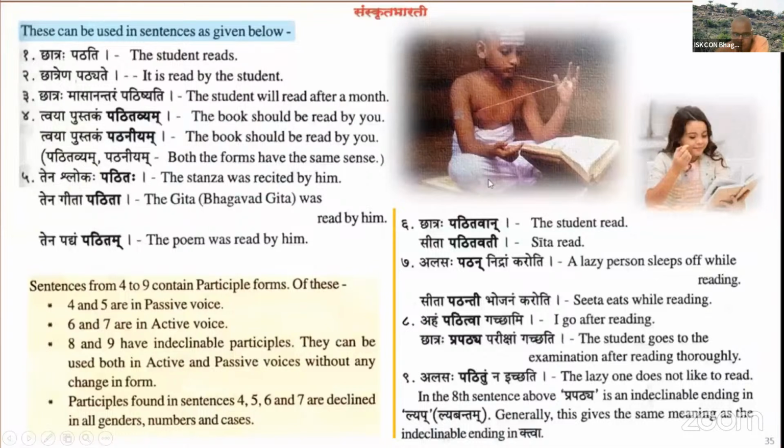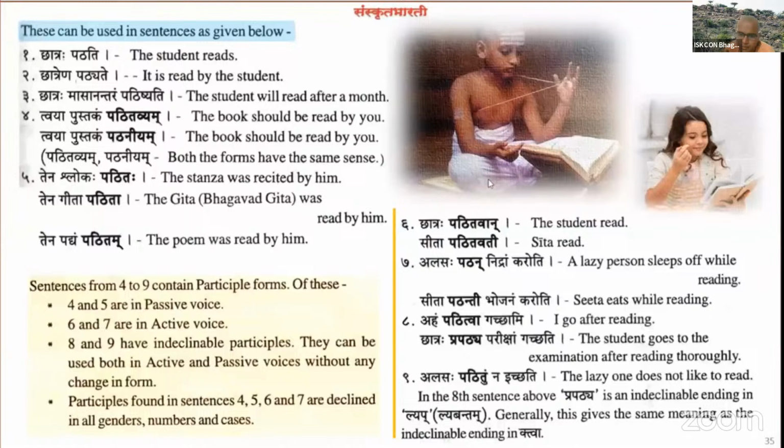This is active voice. Whatever we are studying, we have to apply in the next slide, so try to understand the things very clearly. Then 8 and 9 have indeclinable participles like patitva and prapatya. Aham patitva gacchami, chhatra prapatya pariksham gacchati.